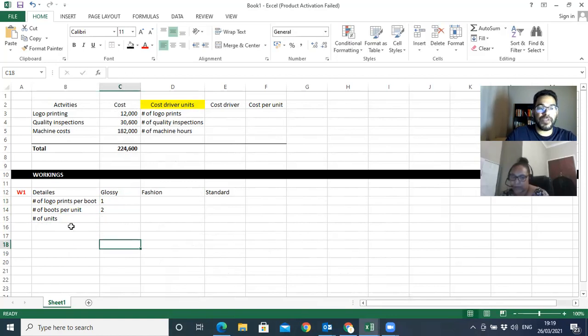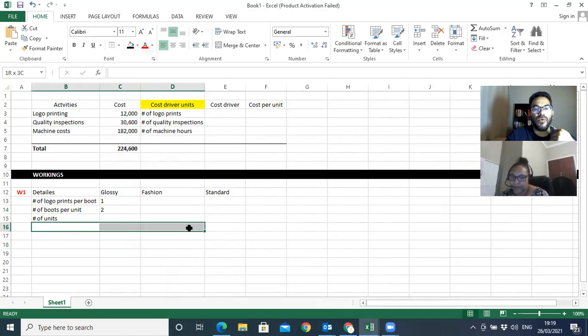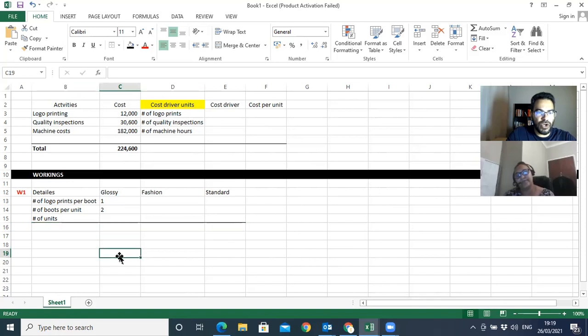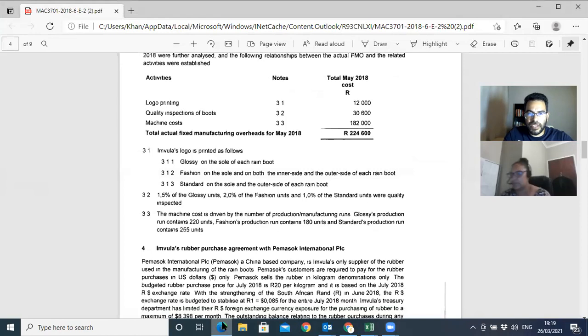Remember, you're going to have to always understand how you're going to get to the total number of prints or the total number per product. So it's going to be driven in different ways depending on the scenario. So for glossy, how many units? I can't remember.